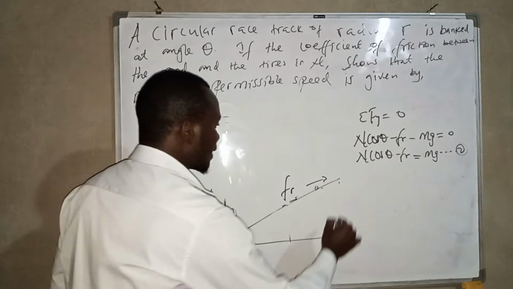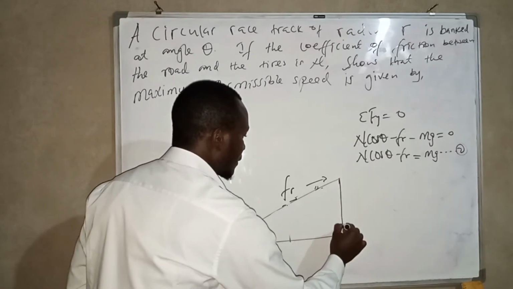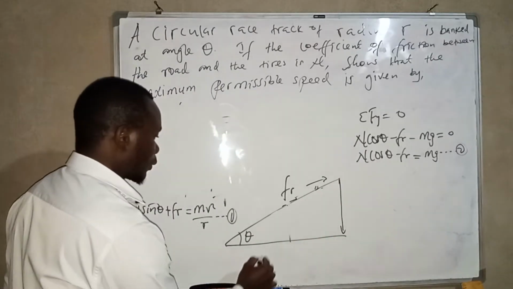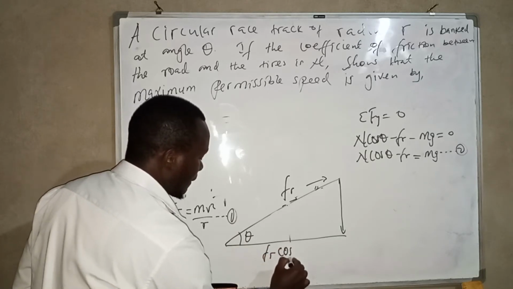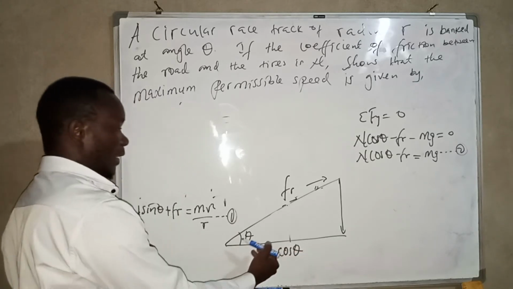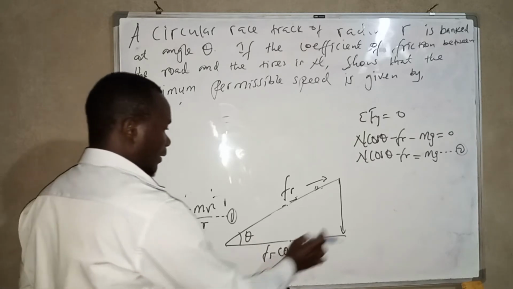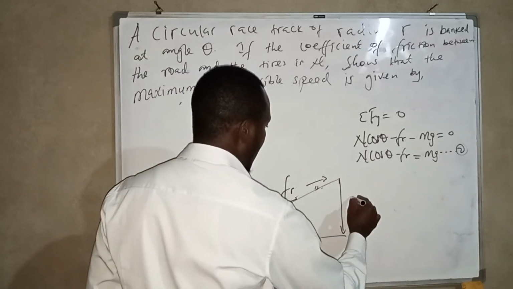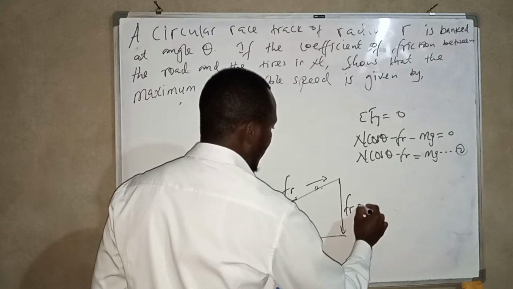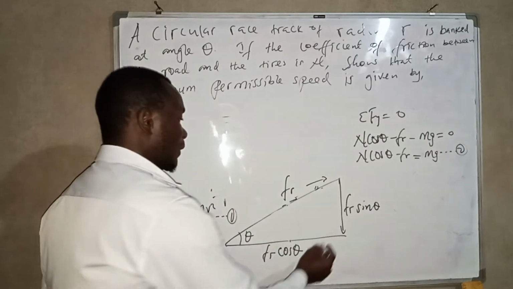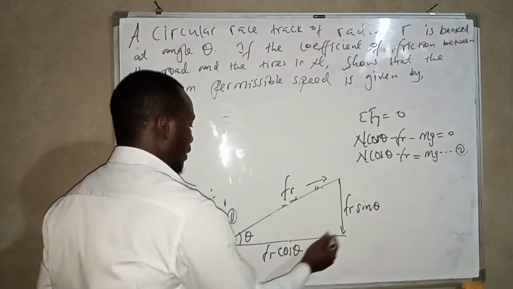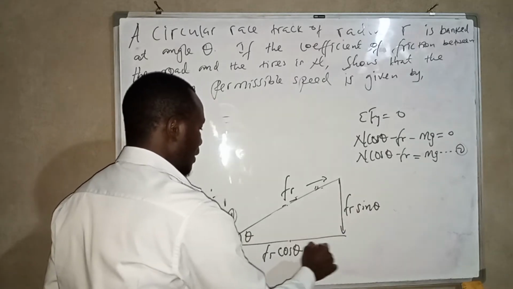The line that is adjacent is Fr cos theta. Then this one is Fr sin theta. We are resolving for this component, which is coming in this direction.